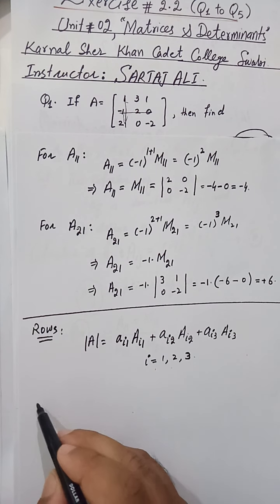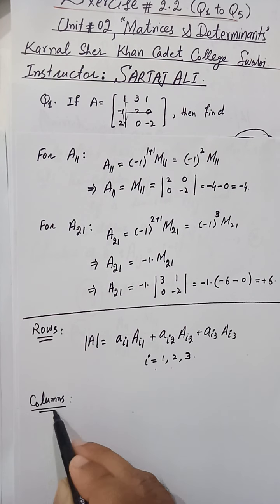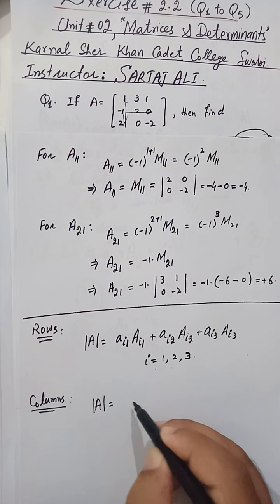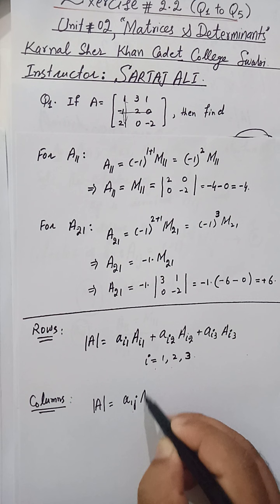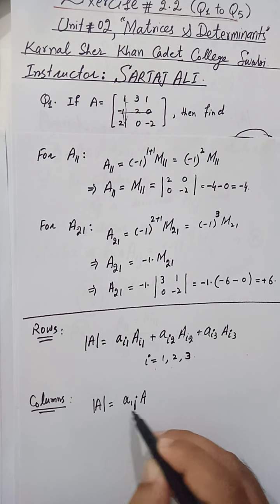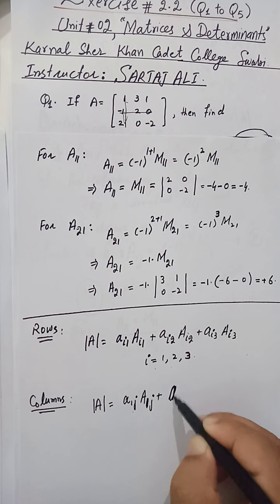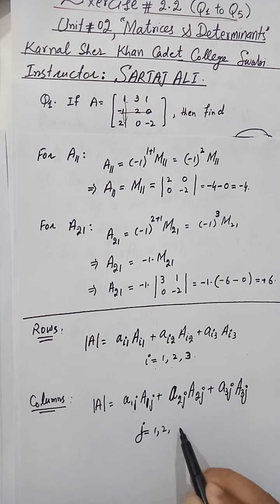Similarly, if you are interested to find the determinant of the matrix with the help of columns, in that case the general form of the determinant for a 3 by 3 matrix will be equal to a_1j A_1j plus a_2j A_2j plus a_3j A_3j, and j runs from 1 to 3.